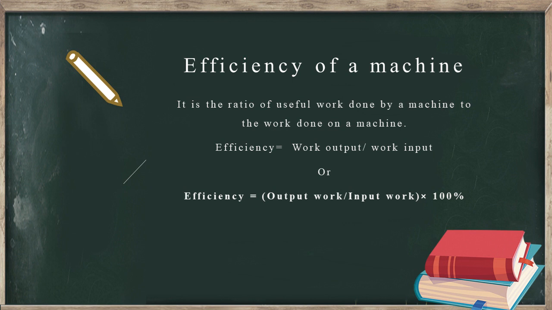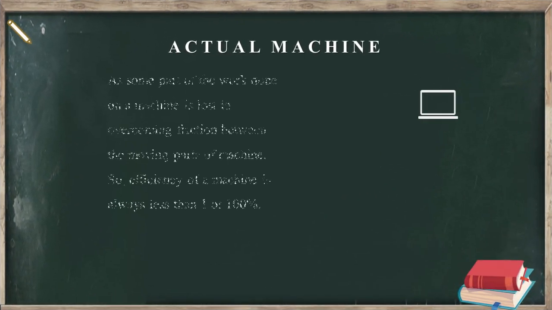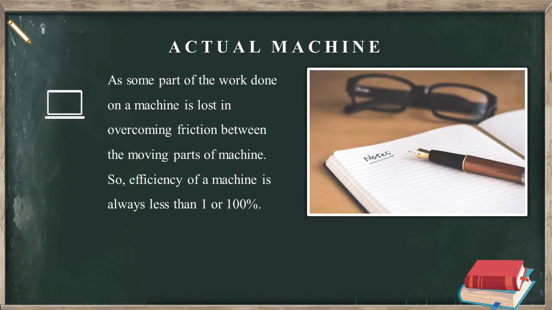In terms of percentage, we can express efficiency as the output work by input work multiplied by 100. So that's the percentage. The efficiency of machine can be anywhere between 1% and 100%. So it can be 20%, 30%, 80%.